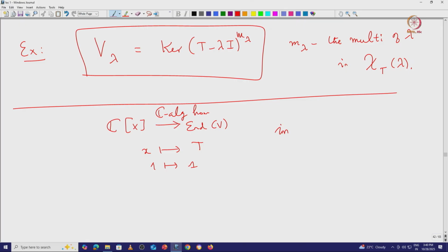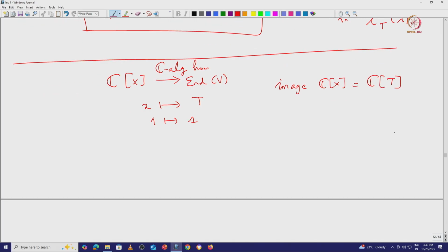So, now the image of this C[x] is nothing but the set of all polynomials in T, and it is not difficult to see the kernel of this map, let us call it pi T.